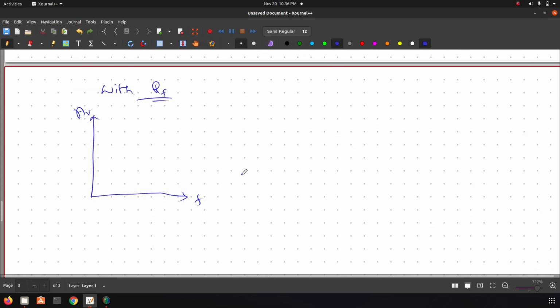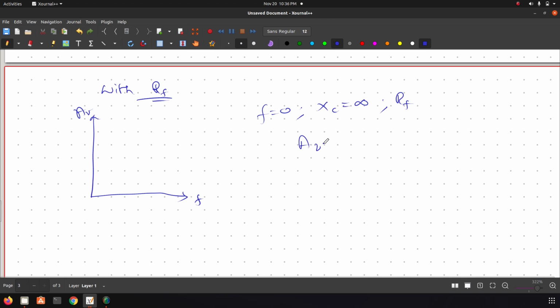So with the RF, we know that for f equal to 0, Xc equals infinity, which implies it's an open circuit, but we have an RF there. Therefore the gain will be RF by RI.